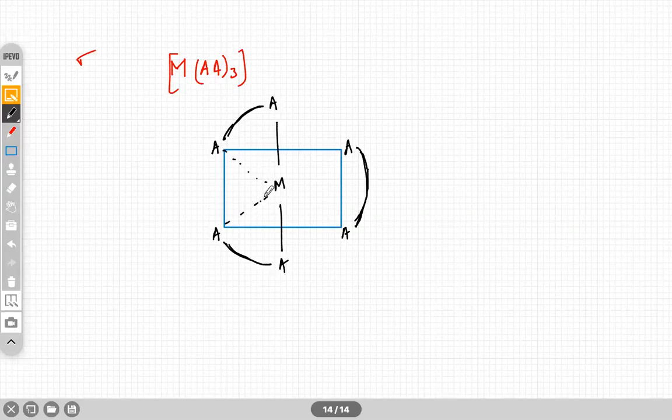Tell me, do you have any symmetry here? All A atoms are there. Along the plane of the square, do you have symmetry?